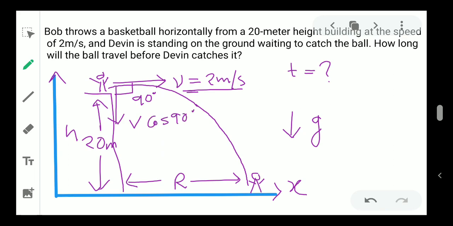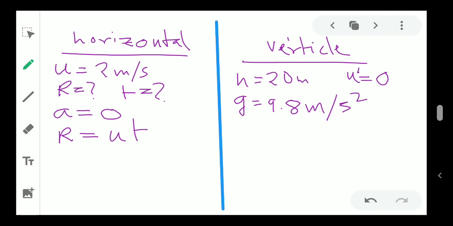Now you know that cos 90 is 0, so the contribution of this velocity in the vertical direction will be absolutely 0, because cos 90 is 0 and it is not contributing in the perpendicular direction. So we have u prime 0, and we have to find out t.